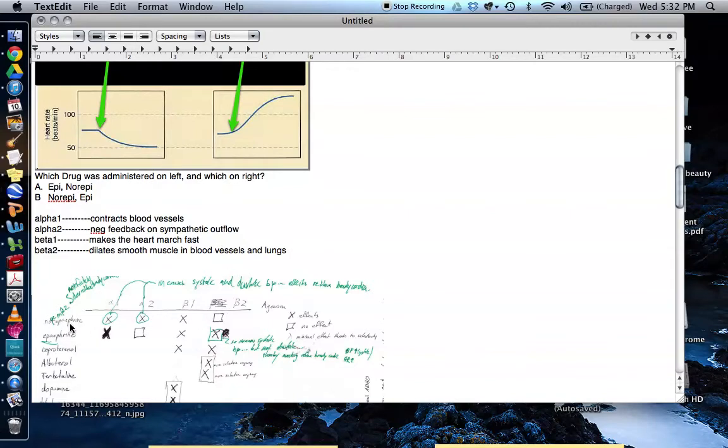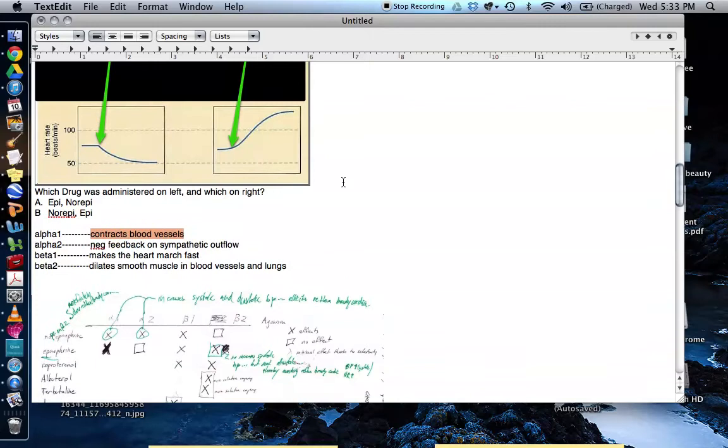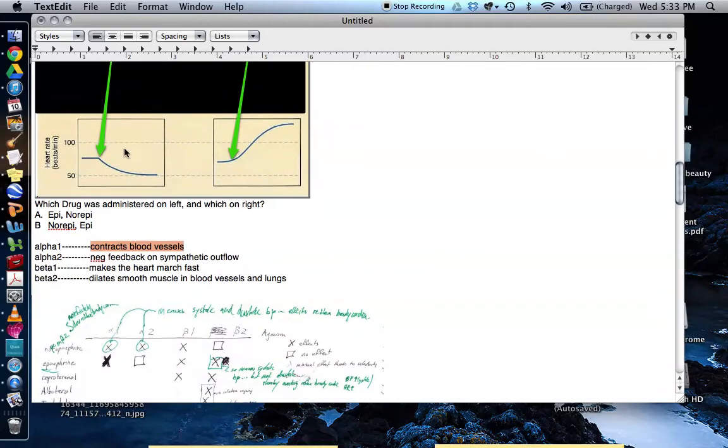So while norepinephrine is just going to squeeze your blood vessels, it's also going to land on your heart to try to make your heart go faster, but actually you're going to learn the concept of reflex bradycardia, where when your blood pressure goes up so much from norepinephrine alpha-1 squeezing your blood vessels shut, your body's natural reflex to high blood pressure is to slow the heart rate, and that will actually win out. So you may be thinking over here, okay, maybe that's norepinephrine, right?